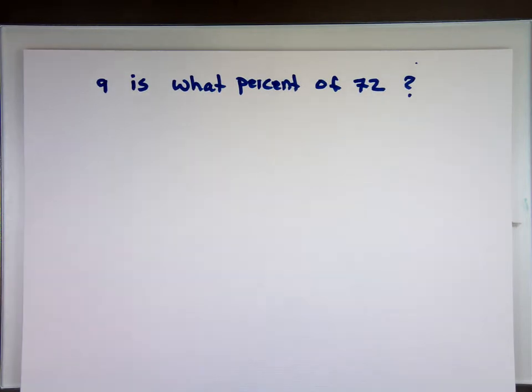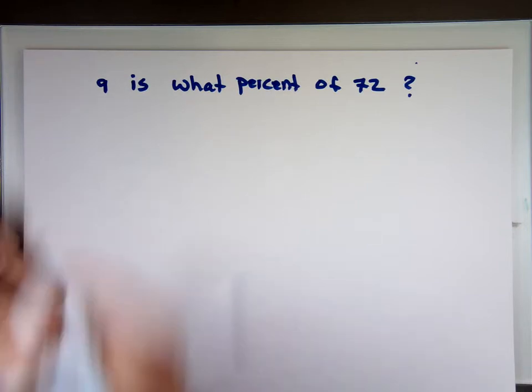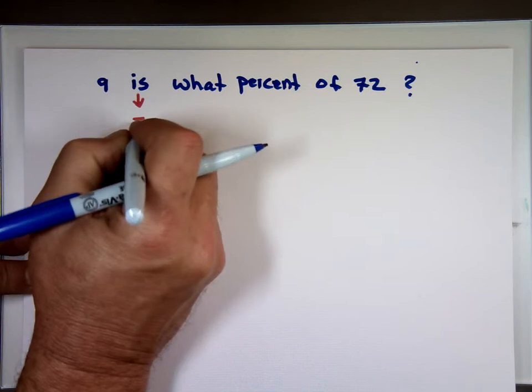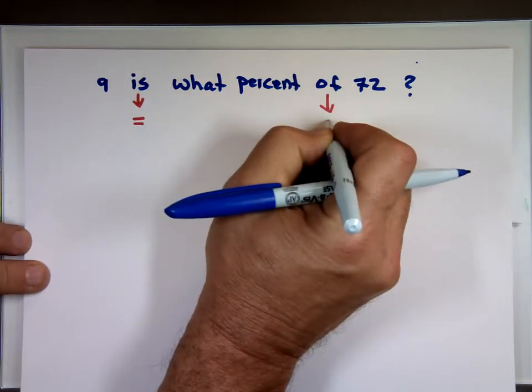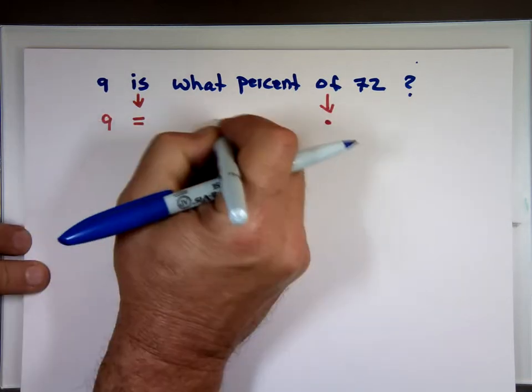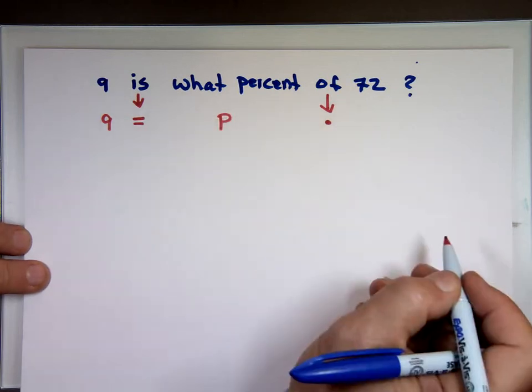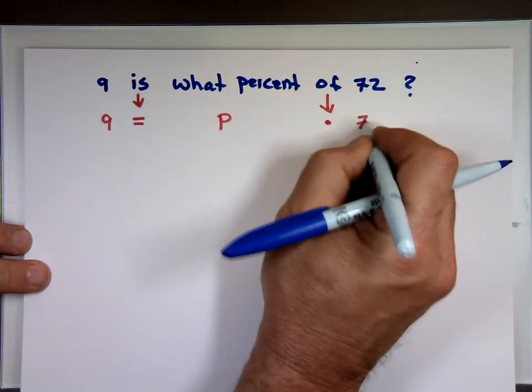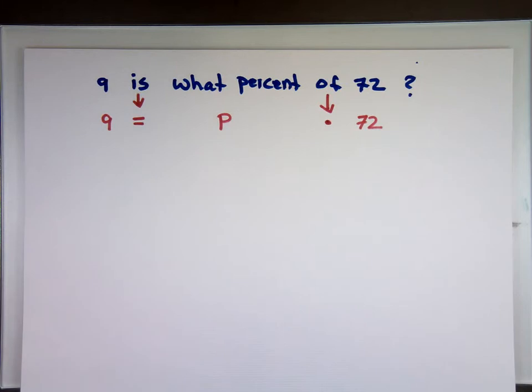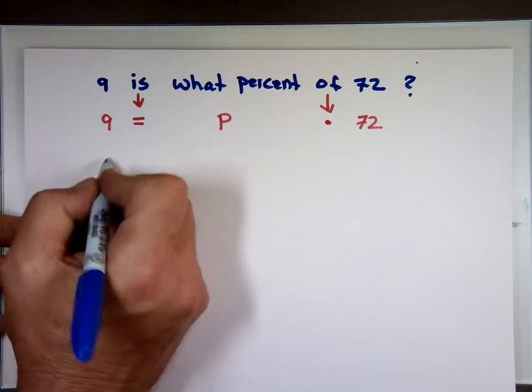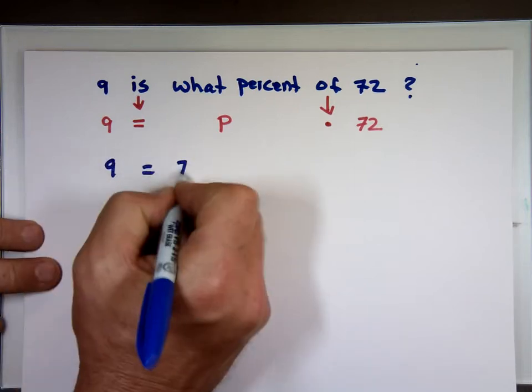Again, remember what I said. Of means multiply. Is means equal. Nine equals p, x, whatever you want to use, times the 72. I use p because percent begins with p, times the 72. P times 72, we can write that as 72p.